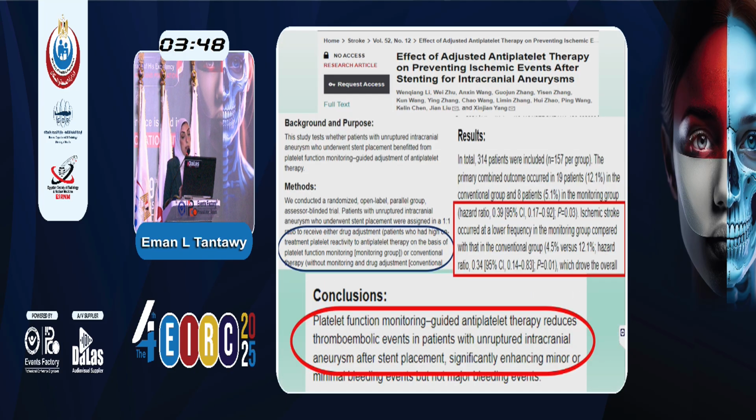intra-stent thrombi. And the best thing the study speaks about is that patients can be monitored by doing platelet function monitoring tests before even loading the patient, in order to see if any patient has ticagrelor resistance.